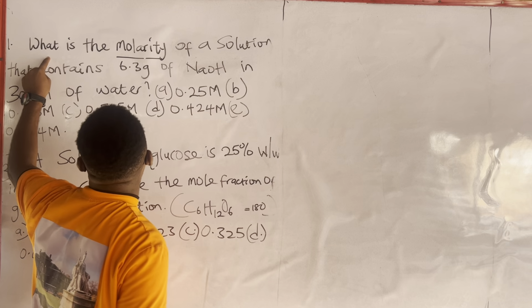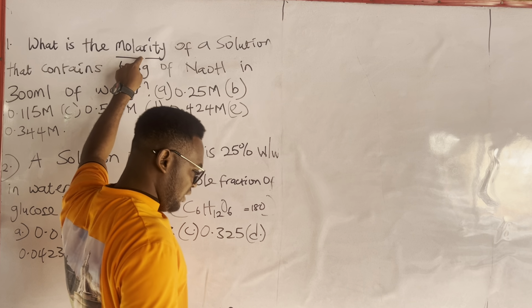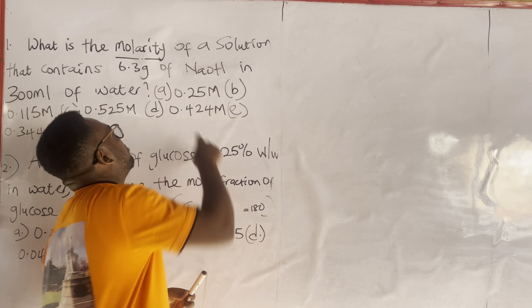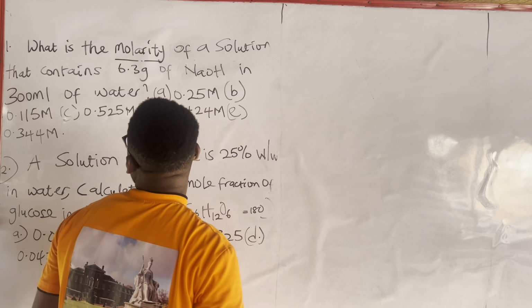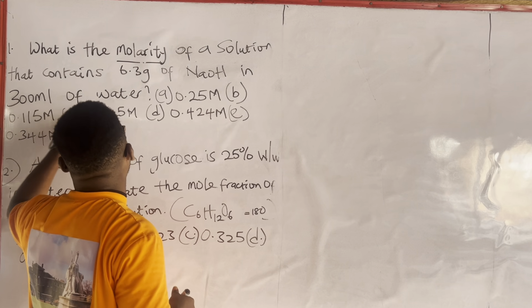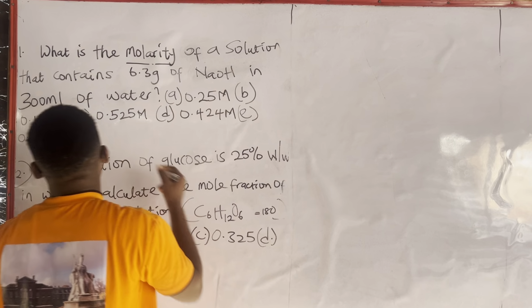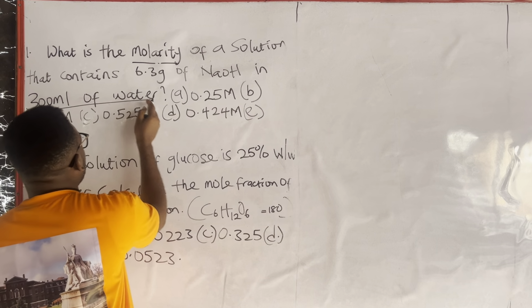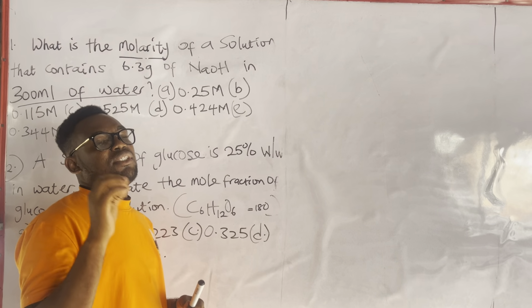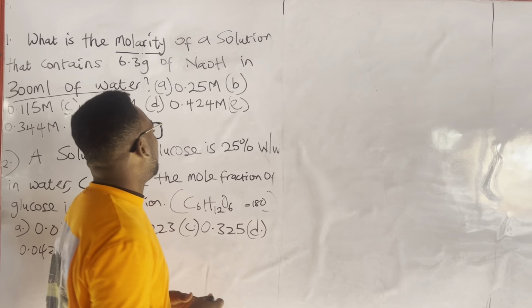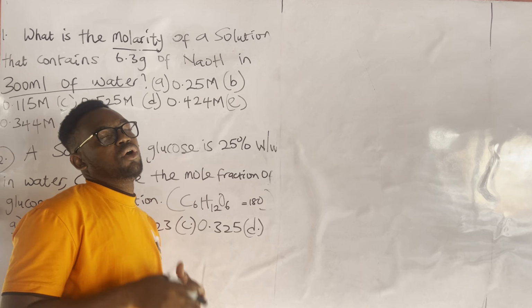This question reads, what is the molarity of a solution that contains 6.3 grams of NaOH in 300 ml of water? Now, if you notice something, I said in the previous video that examiners make this mistake of giving us the volume of the solution to be the volume of the solvent.